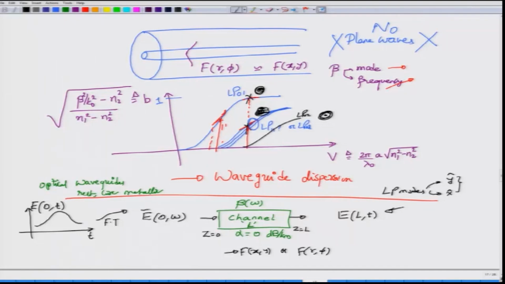Let me put another symbol to denote that what I am writing here is in the frequency domain. So, what I will have is the spectrum of the pulse that is now trying to propagate through the channel, and using this spectrum we will build to the output and then go back from the frequency domain to the time domain using the inverse Fourier transform, something that we are going to do in the next module.